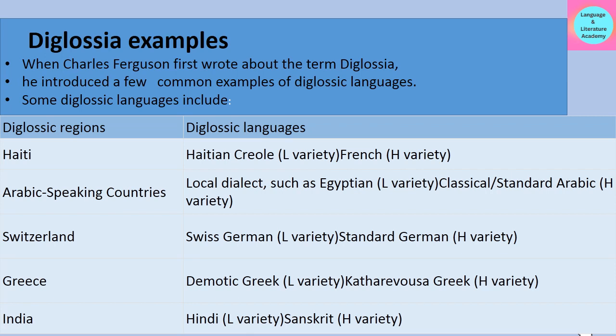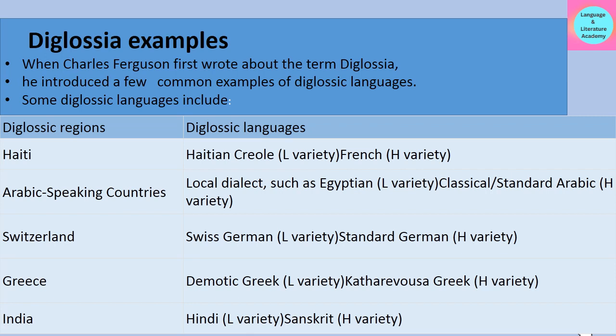And in Arabic speaking countries, local dialects such as Egyptian are considered a low variety, and Classical Standard Arabic is considered an H variety. In Switzerland, Swiss German is considered a low variety, and Standard German is taken as an H variety.